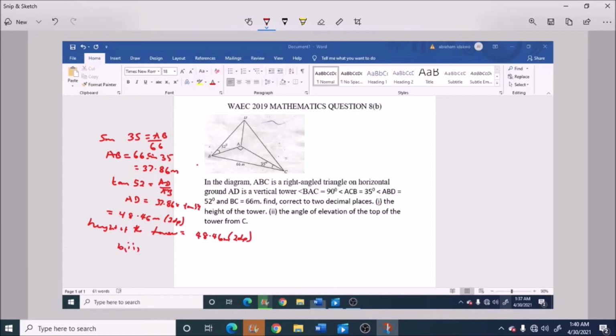In the diagram, it is also given that cos 35 degrees is equal to AC over 66. So AC is equal to 66 cos 35 degrees. So AC is equal to 54.067 meters.